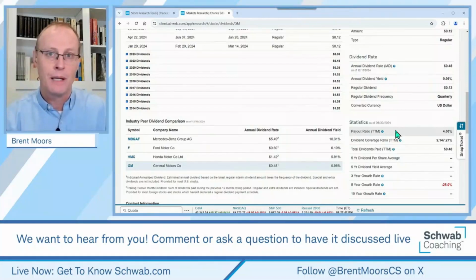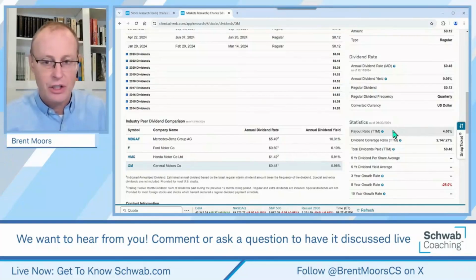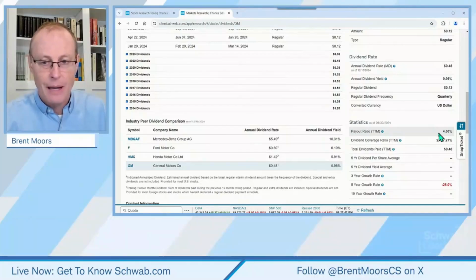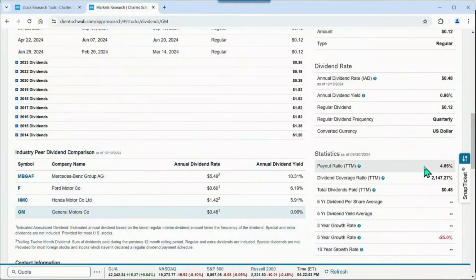They want that earnings to be able to be reinvested in the company as well. So this is actually a very low number, 4.6%. But if it gets anywhere near 100%, 80%, somewhere in there, I don't know the exact cutoff you want to use, then it's probably a red flag.